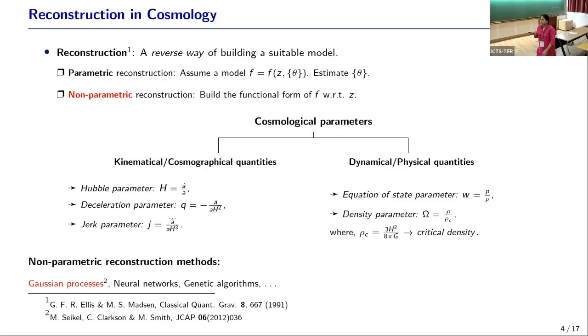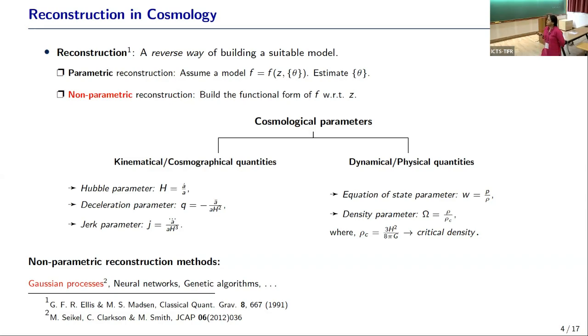There are generally two trends that are followed. One is the parametric reconstruction, where we assume a parametric model of this form, where theta are my model parameters that are estimated from observational data. Another is the non-parametric reconstruction, where we try to build up the functional form directly from redshift without assuming any particular model parameters.